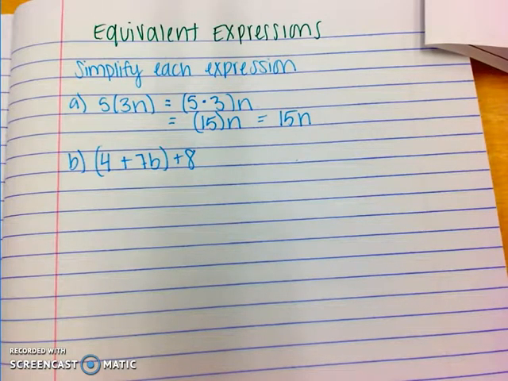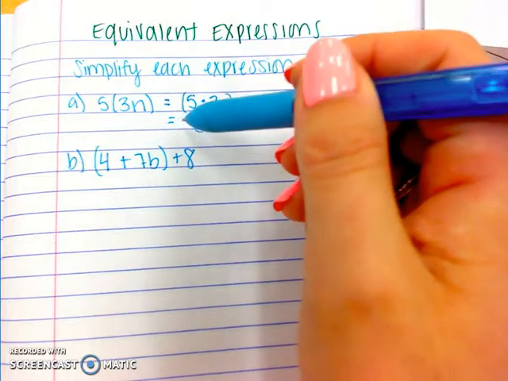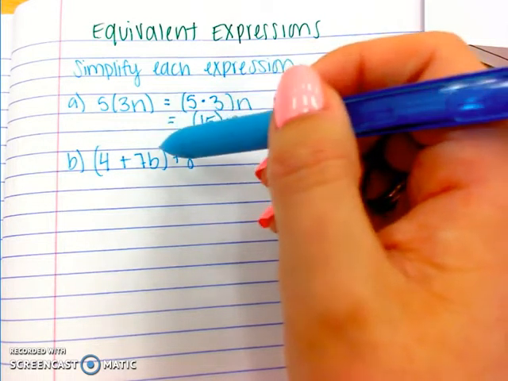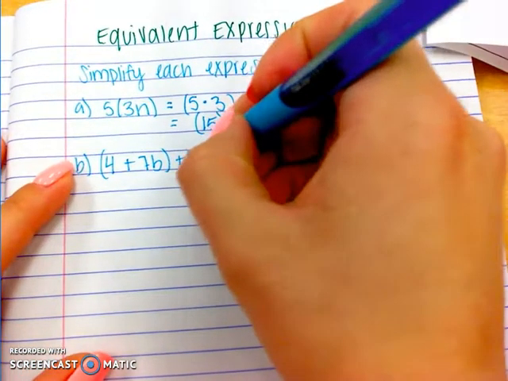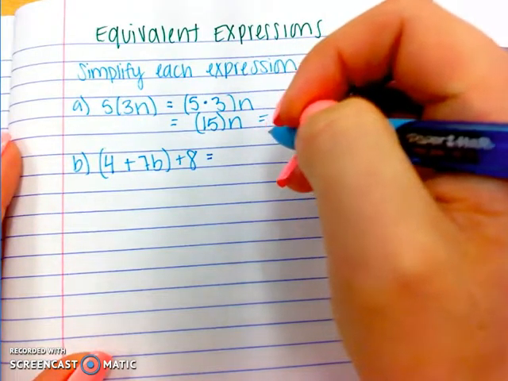Okay, what I'm going to use is the commutative property of addition. And remember, the word commute means to actually move. So I'm going to move this 7 around and put it in the front.